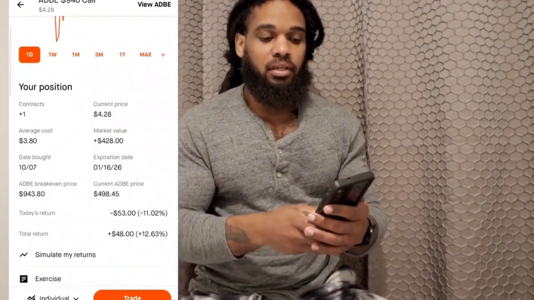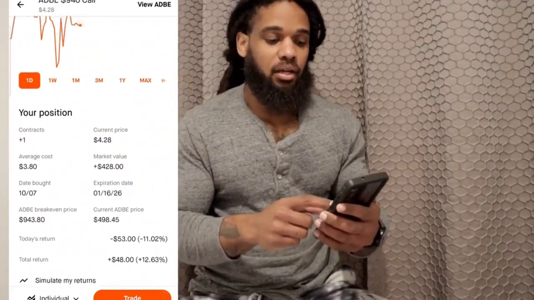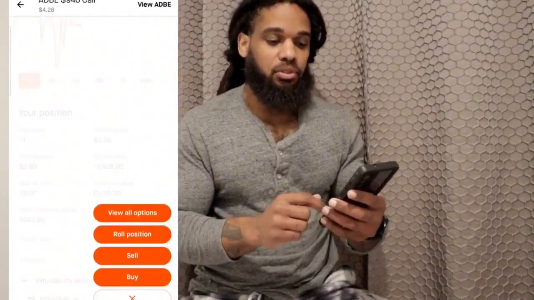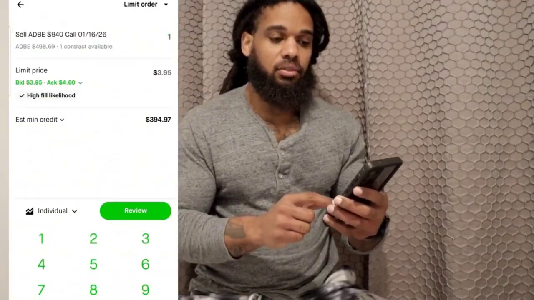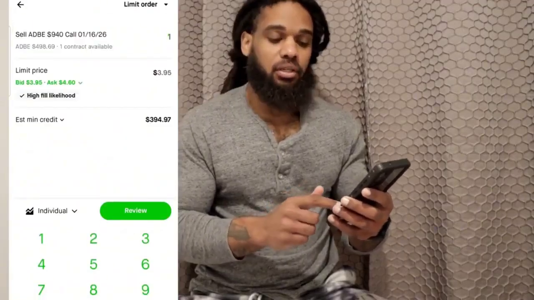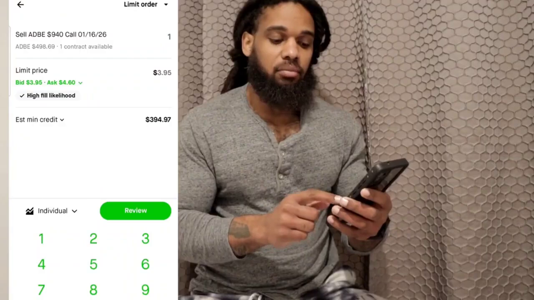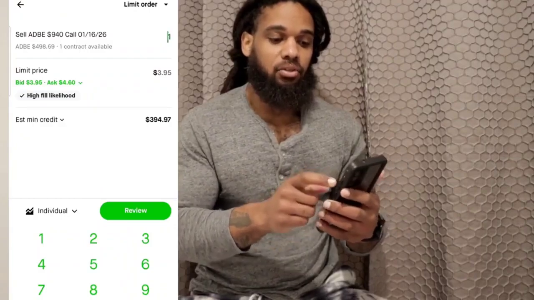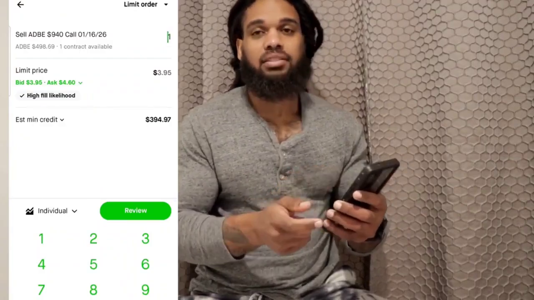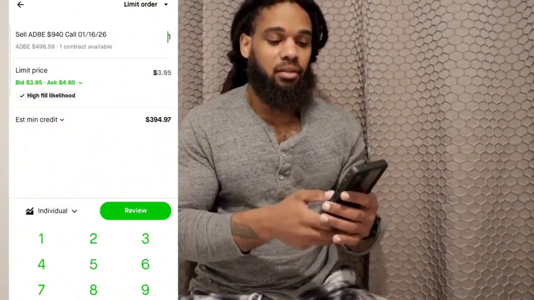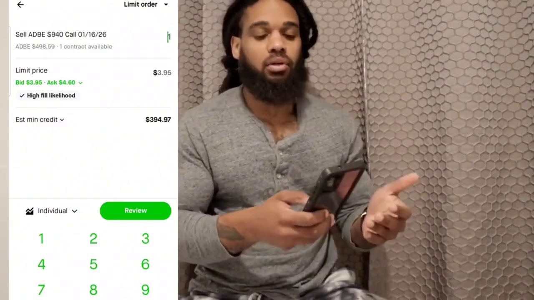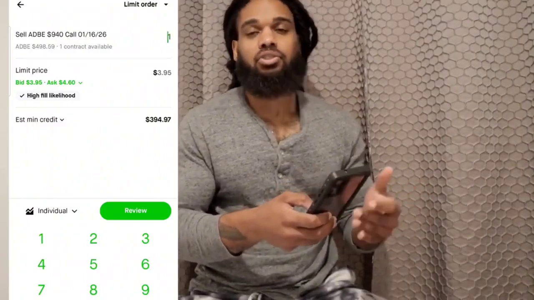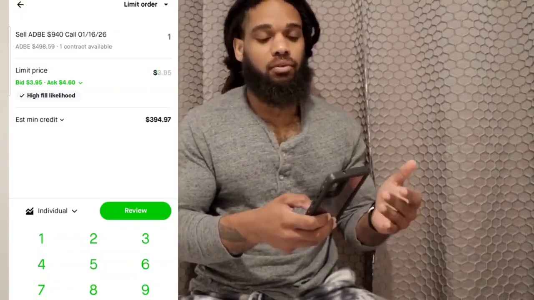So if you did decide to get your option contract, once you go to the stock that the option you're trading, you just press the trade button, press sell, and you could put in the price that you want to sell it at. You could put the amount of contracts you want to sell, whether you bought one contract, two, three, four, five, or so on.